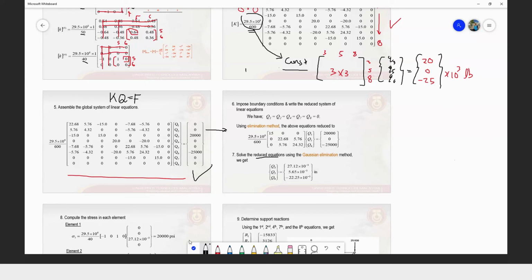So starting from I think last 3-4 semesters before, for the plane trusses, starting from this stage, you have to solve this system of linear equation strictly using Gaussian elimination. Gaussian, nak tulis pun susah. Gaussian elimination.